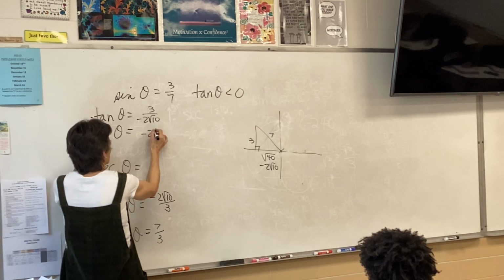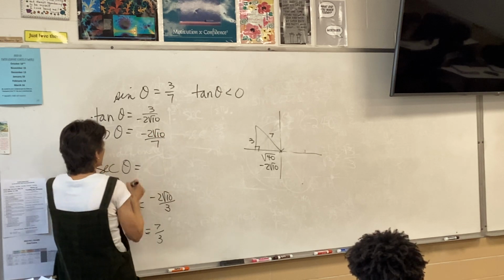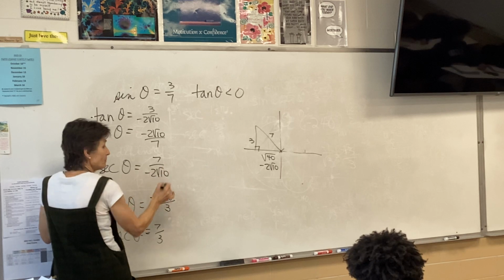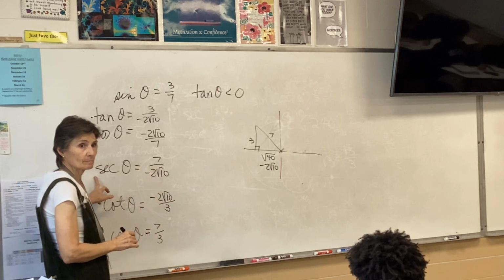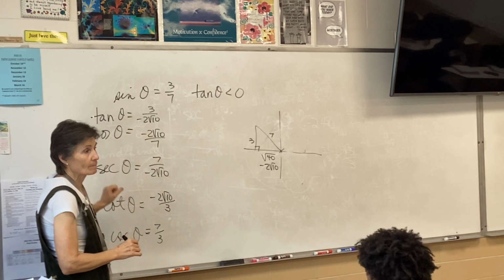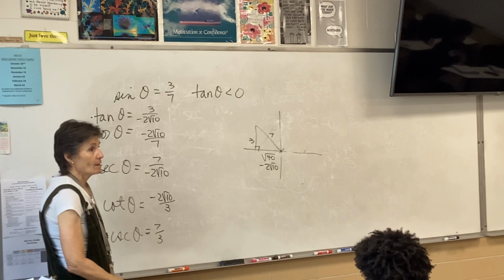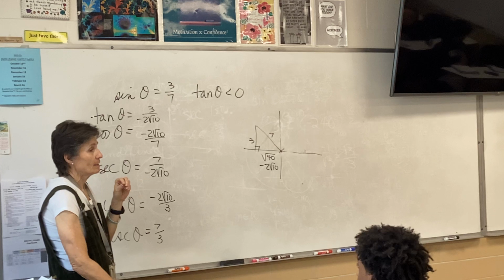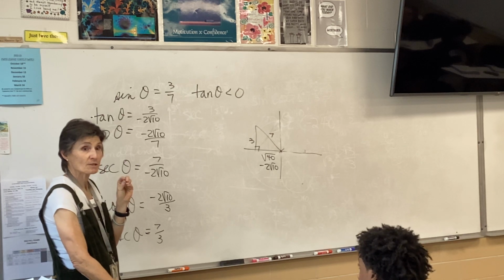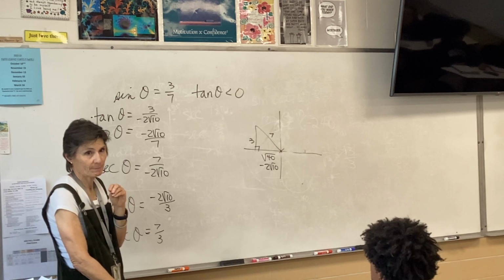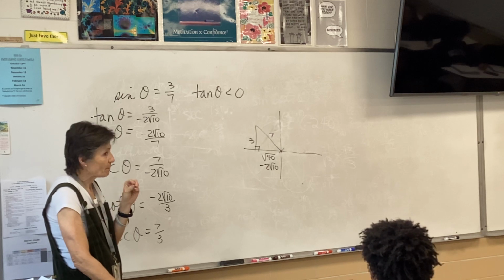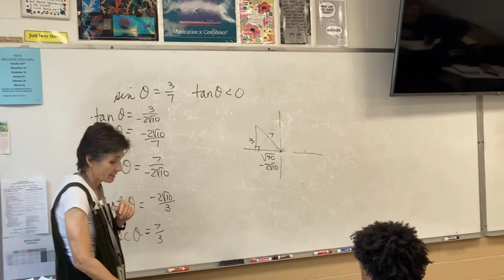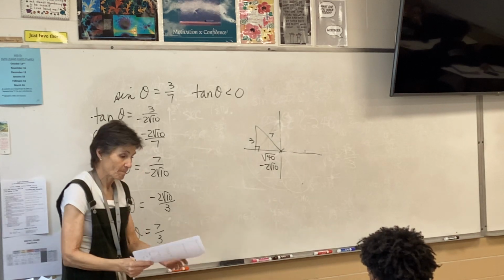Negative 2 root 10 over 7, making the secant 7 over negative 2 root 10. The sign of your functions depends totally on which quadrant you are in. So you've got to pay attention to the quadrant you're in so that you get the right positives and negatives.